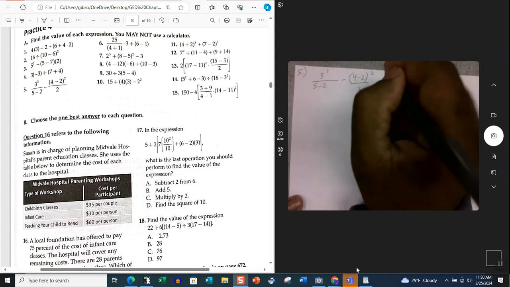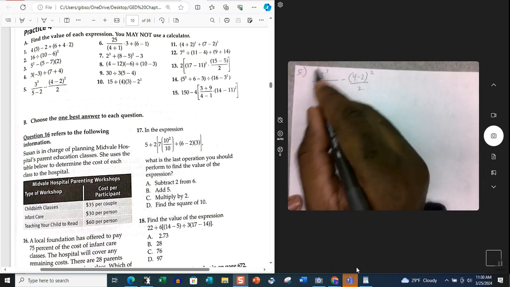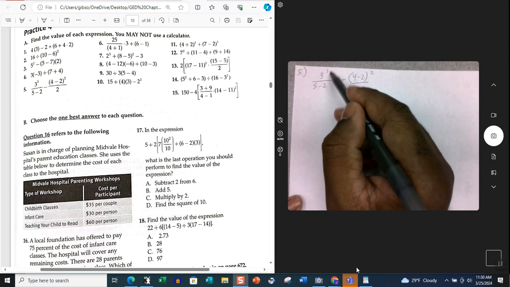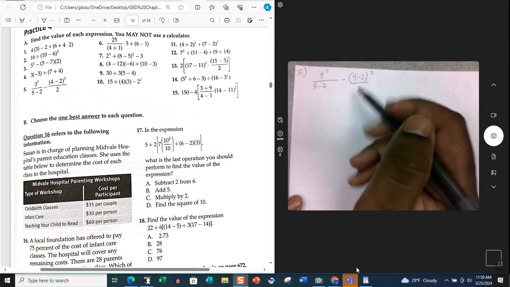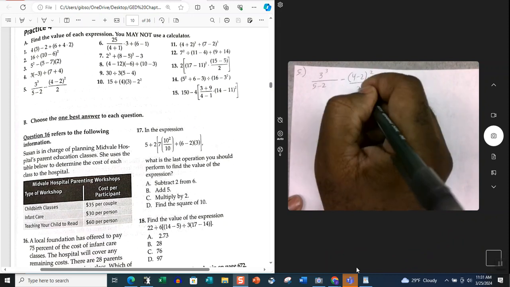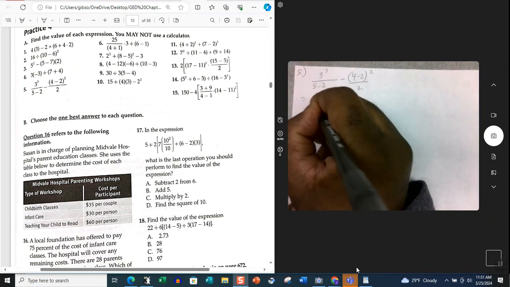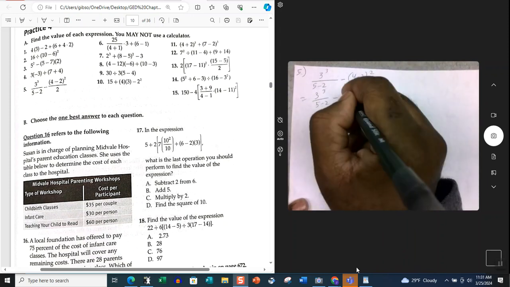Now, if you look here, this is a fraction. When you do a fraction, you would do the top, then the bottom, and so on. But let's just go with the order of operations. Let's do that parentheses first. 4 minus 2 is 2.